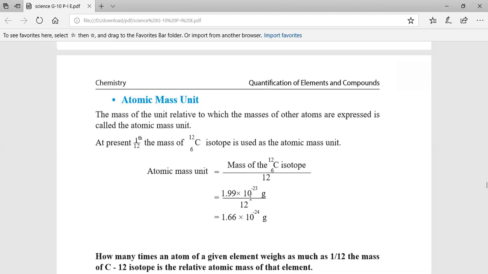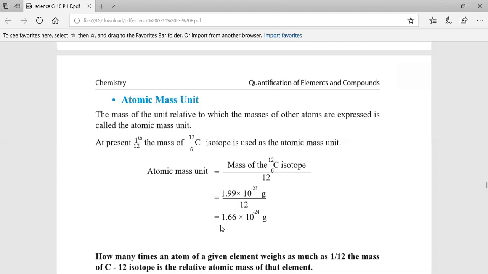Why do we use 12? We take 12 below and 1 above, then the mass of the carbon-12 isotope, 1.99 into 10 to the power minus 23 grams.